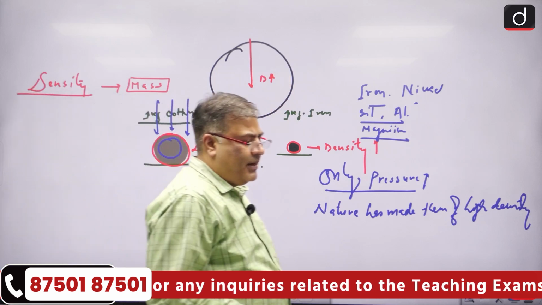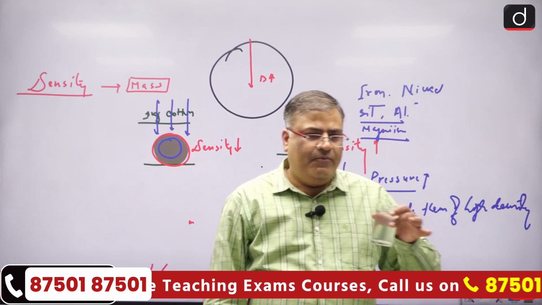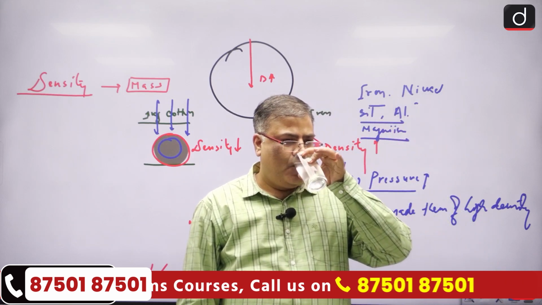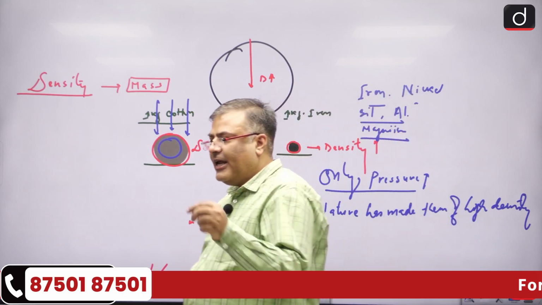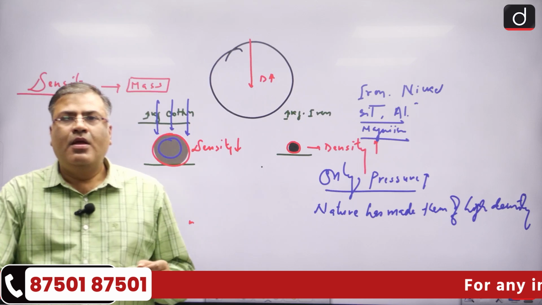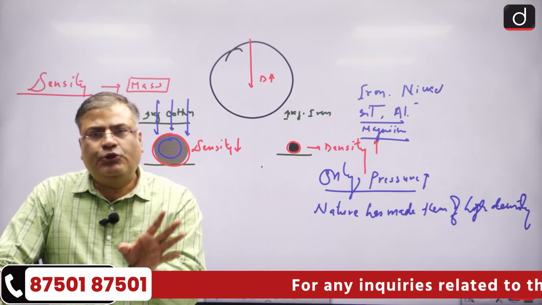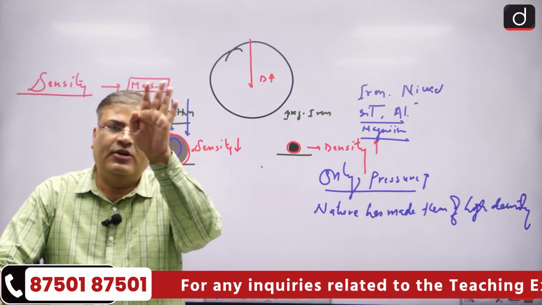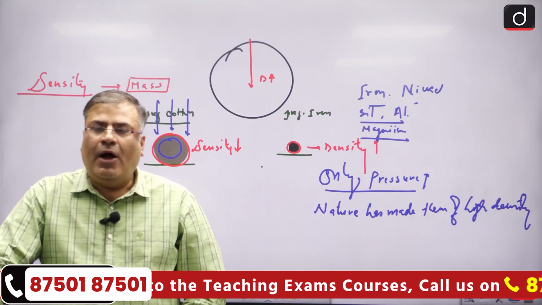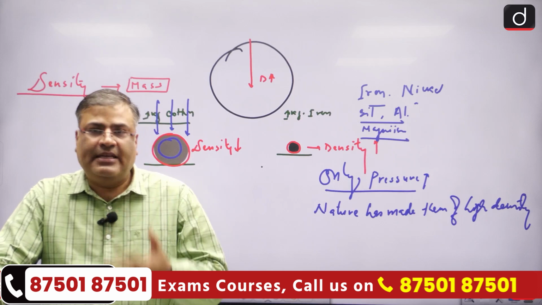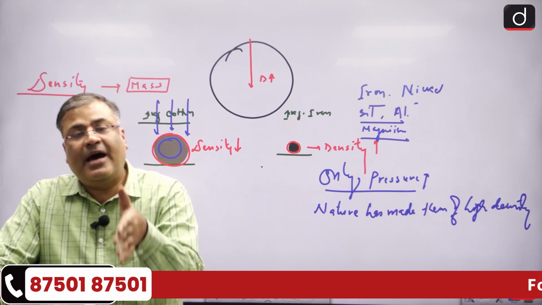You can make the argument that sir, we understood this, that at the core pressure is high and the density of the rock should also be high because of the reason you have spoken about. But at the same time, how can we conclude that yes, in the interior, the materials are of high density?